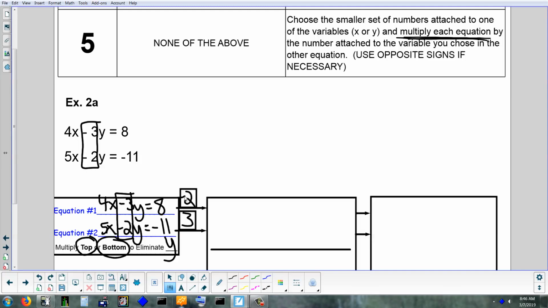The only time we're going to have to multiply one by a negative and one by a positive is if the signs are the same. Here, they're both positive, then I have to multiply one by a negative. I don't care which, like Mary just asked, it doesn't matter.